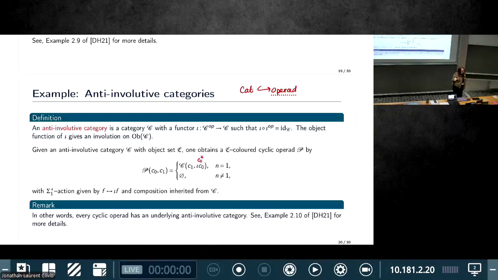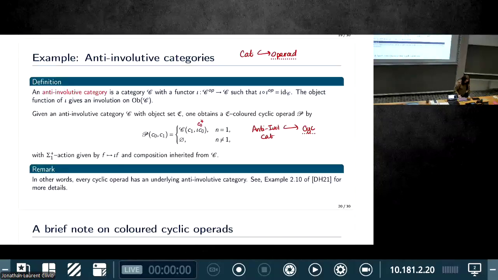So this is just an inclusion of anti-involutive categories into cyclic operads. I'm not sure what the usual notation is for that. This is the analog of categories sitting inside operads. So these are kind of strange objects.